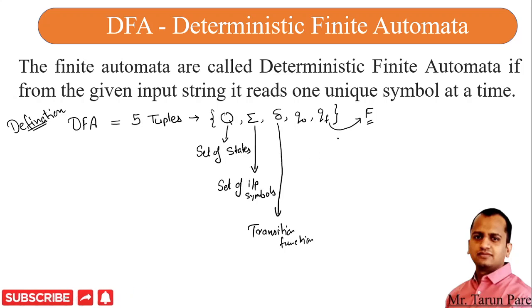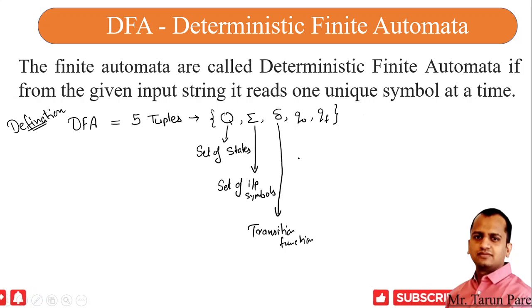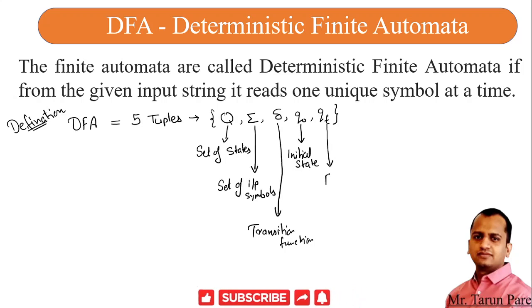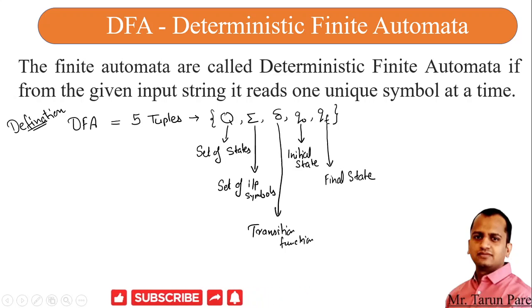Then what is q naught? Q naught is the initial state, and QF is the final state. So this is the description of the tuples which were given in this.